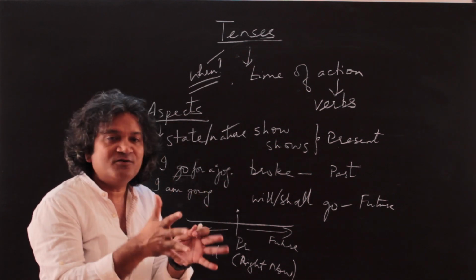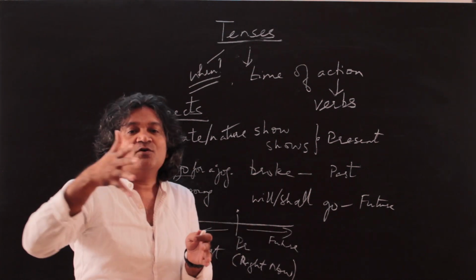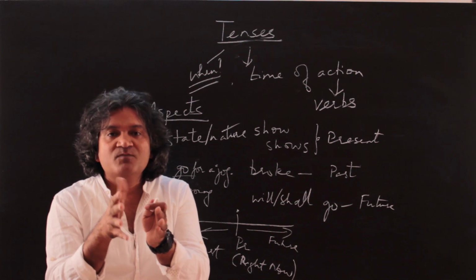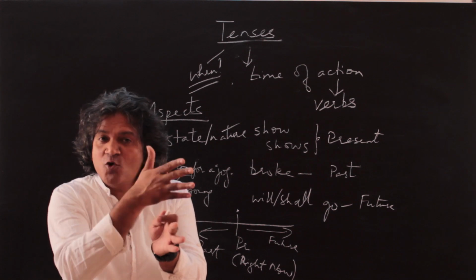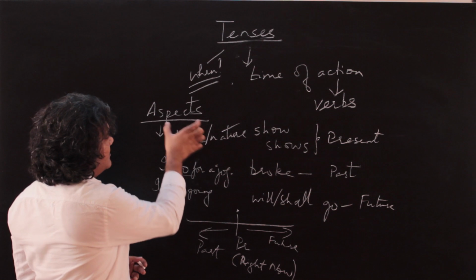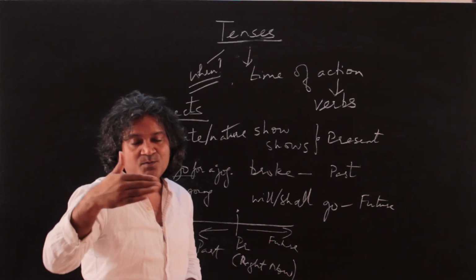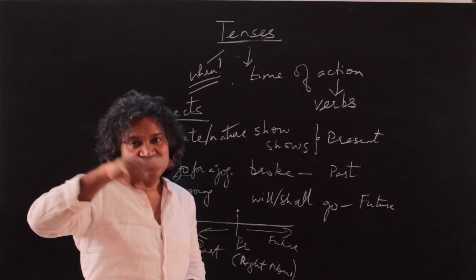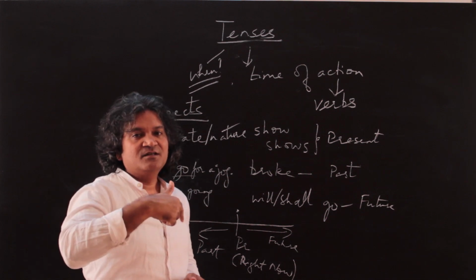So at that point of focus, wherever the event is, was, or will be, did it just happen? Was it going on? Did it get over? So these are determined by aspects. So remember two things for a verb or an event: the time of the action, which is the tense, and the nature of the state of the action, which is the aspect.